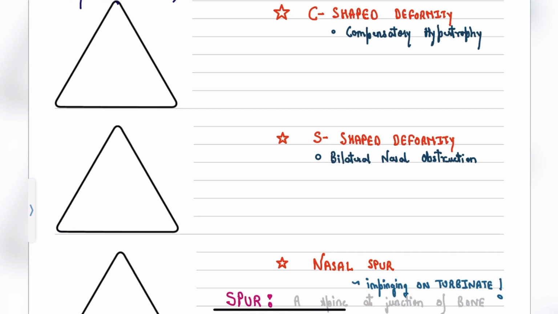Normally it should be straight, but in C-shaped deformity, the septum takes the shape of the alphabet C. Since it's taking a C shape, the turbinates will be hypertrophied on the affected side like this. So this is the C-shaped deformity.